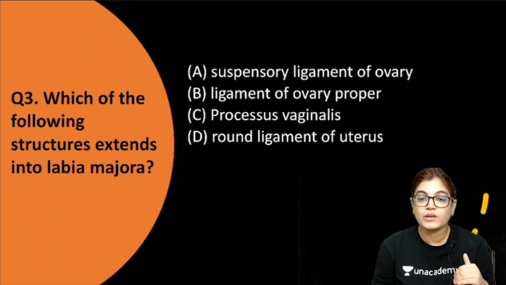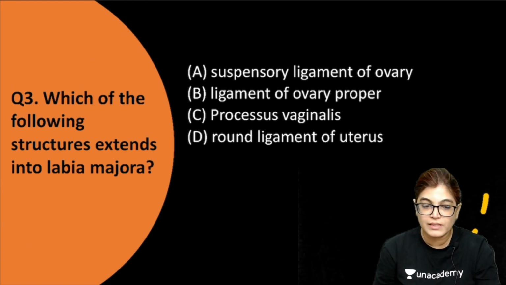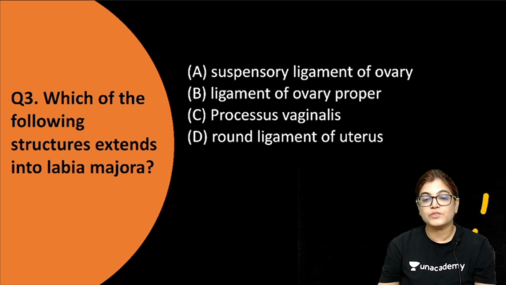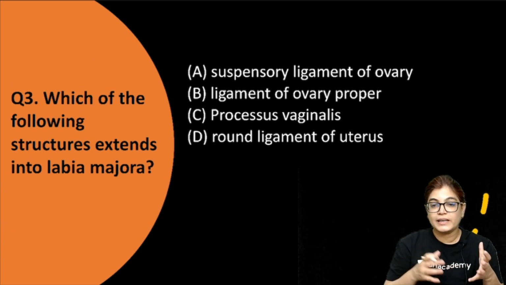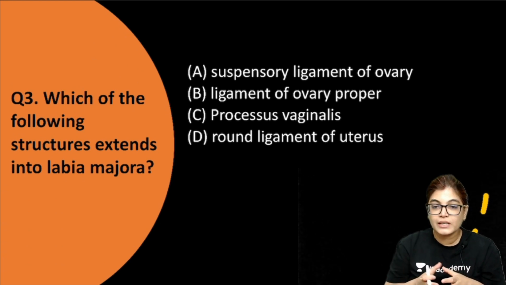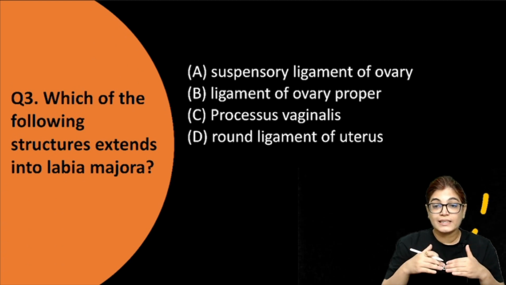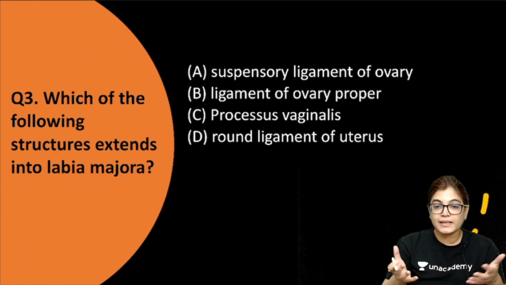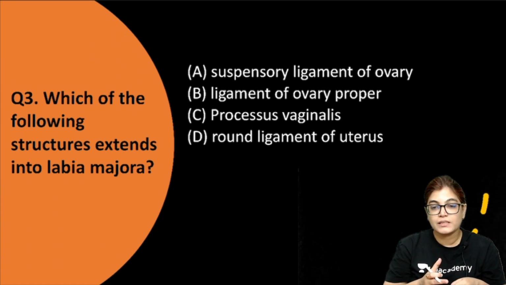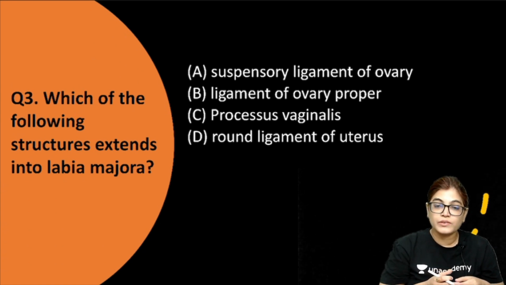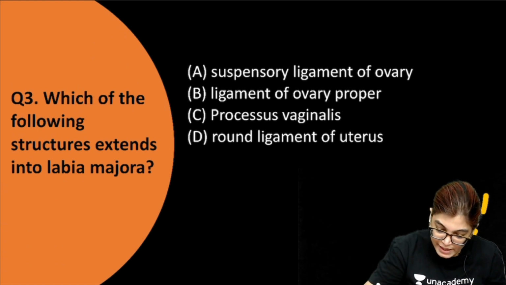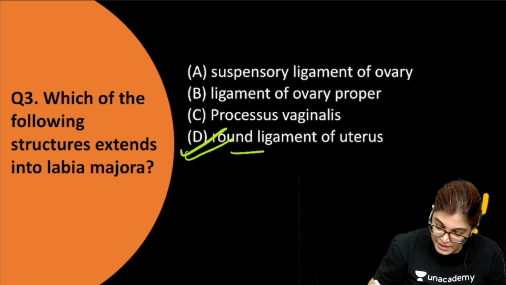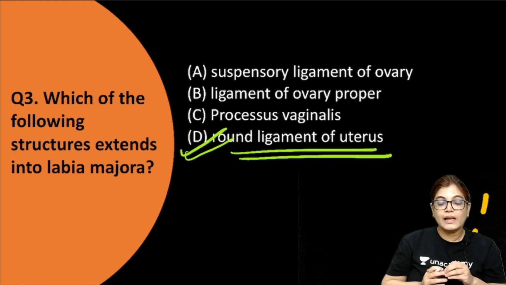So descent of the ovary occurs till the level of the rim of the true pelvis, and after that there is formation of ligaments in its cranial and caudal part. In the cranial part, it forms the suspensory ligament of ovary. And caudally, it forms the ligament of ovary, and also it forms the round ligament of uterus.